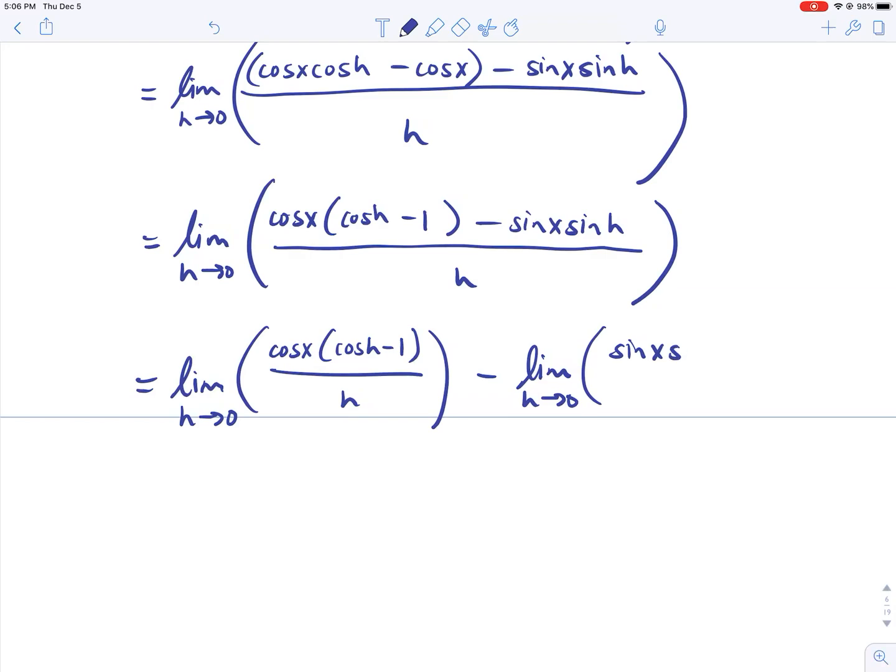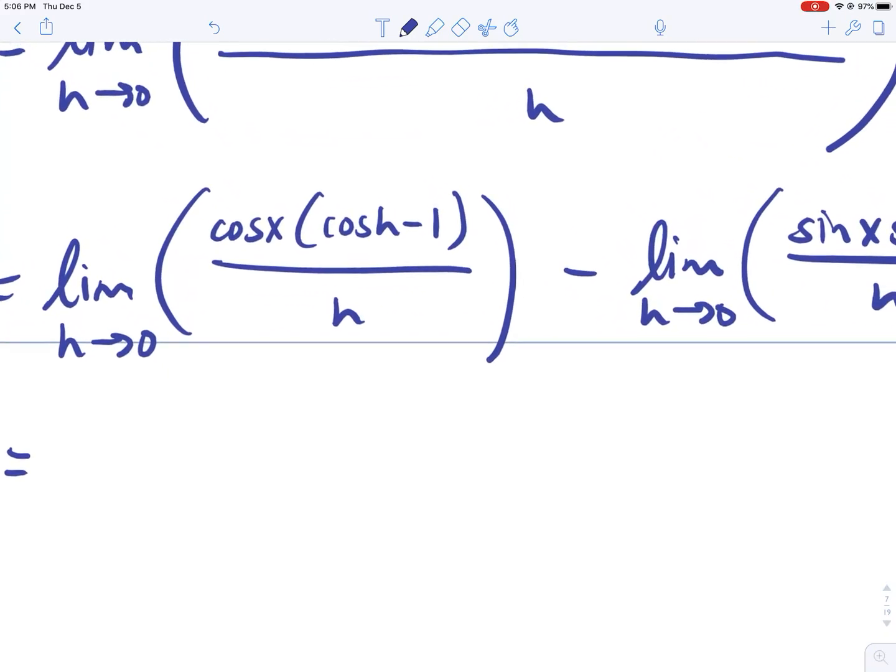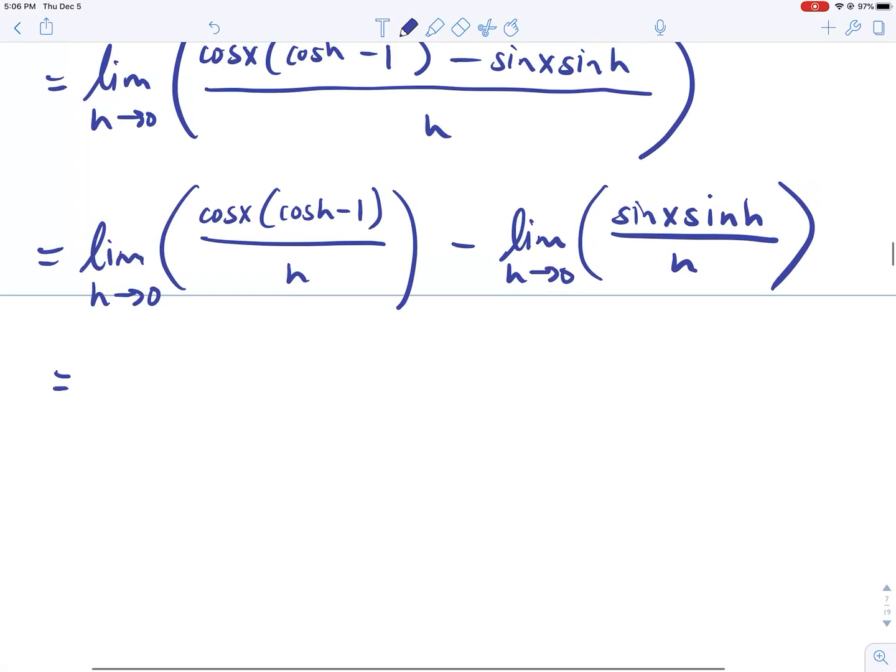So I'm splitting into a difference of two fractions, and I'm also applying the limit property where, since I'm taking the limit of a difference, I can split that into a difference of two limits. And then again, since we are taking the limit as h approaches 0, we can treat cosine of x and sine of x like constants and pull them outside the limits.